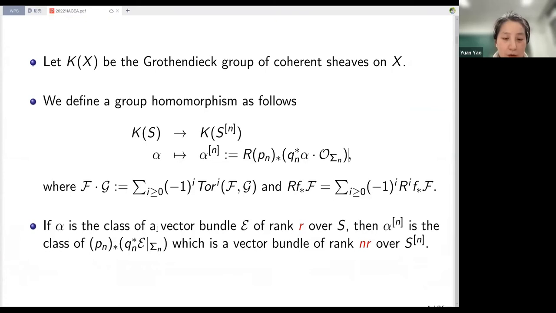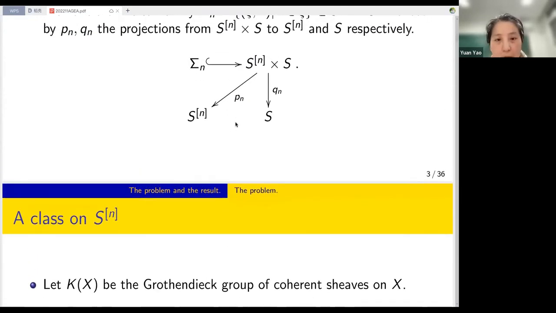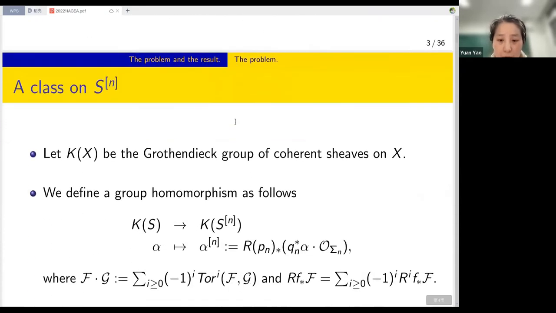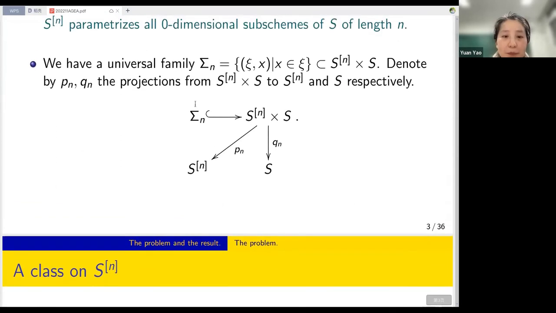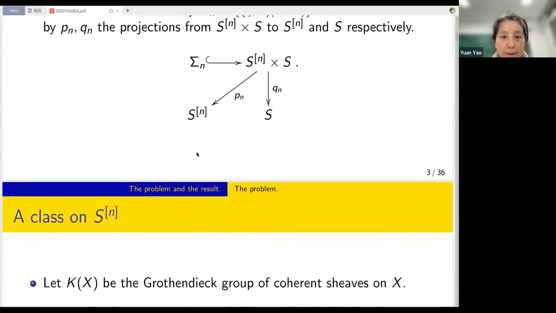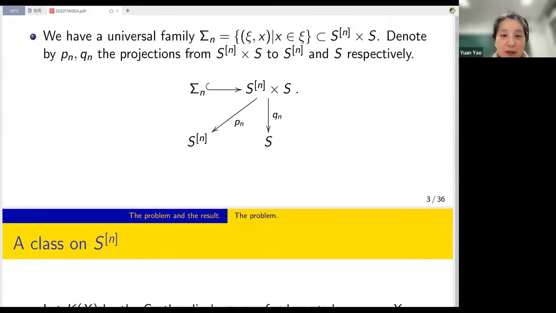If alpha is the class of a vector bundle, then this is only the restriction. The pullback of alpha is also a vector bundle, and you restrict this bundle to this subscheme, and then you push forward. Since P_n itself is not finite, but P_n restricted to this universal family is finite, you don't have higher direct images.